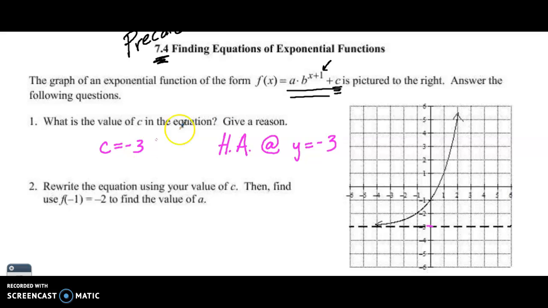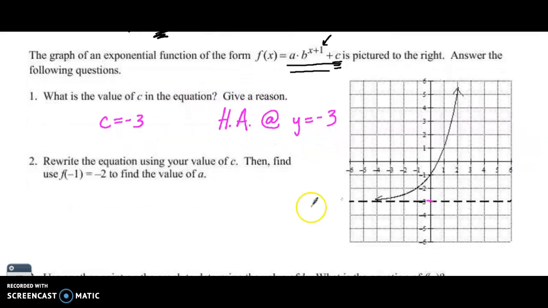Which brings me to the next point, is we want to examine x equals -1. Now, I think it's enough to just look at the graph and say, oh, I can tell that at x equals -1, we get a y value of -2. What I'm talking about is I can see that that graph crosses through like a corner piece of the grid right there.